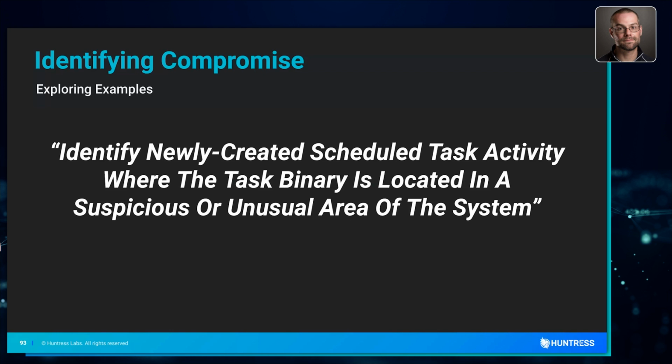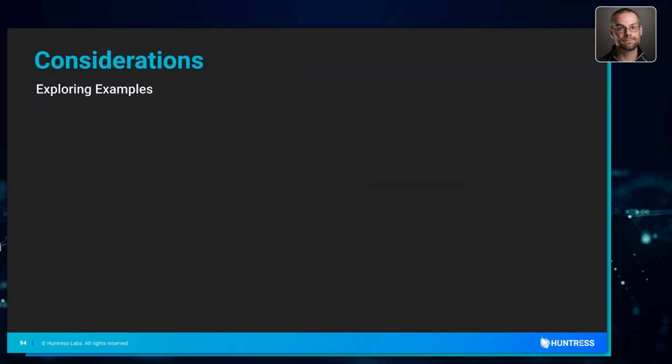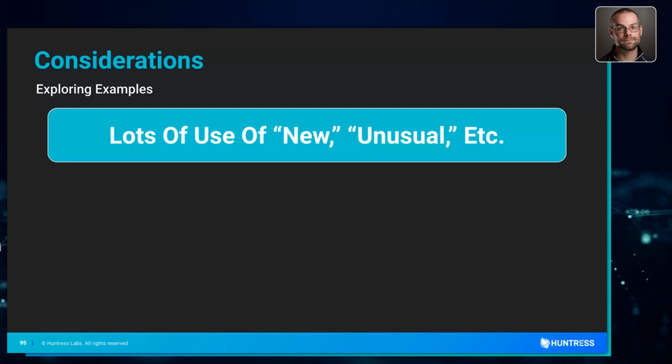There are certain considerations that have probably come to mind as we've gone through this more complex example. For example, there's lots of use of words like new and unusual and similar, and that can be very problematic because it requires us to understand the environment we're defending in order to really assess what is a new or unusual process or observation.